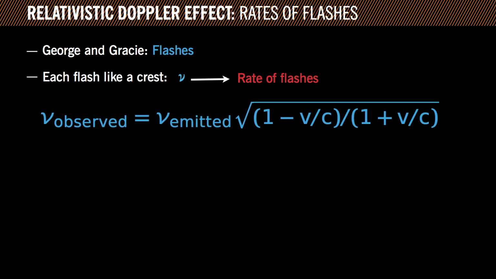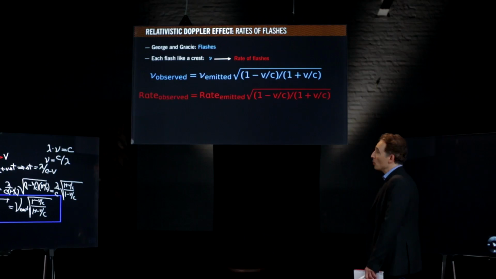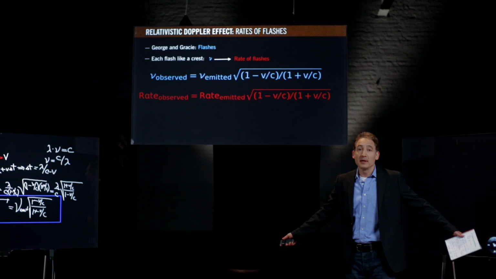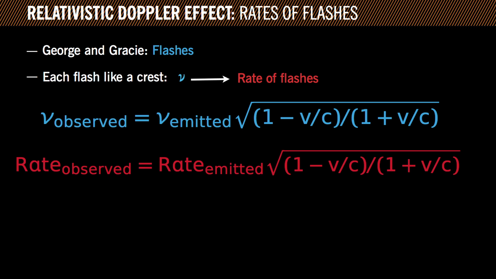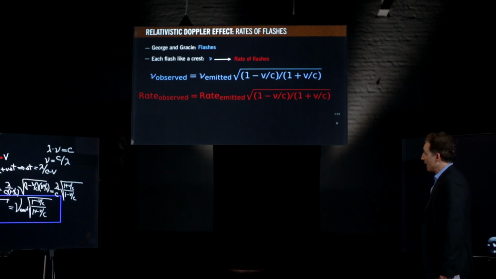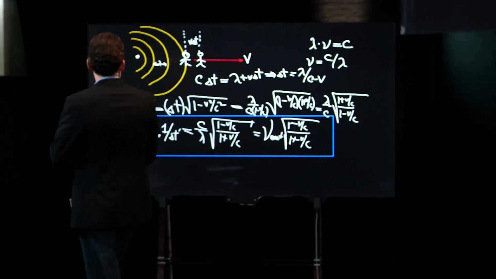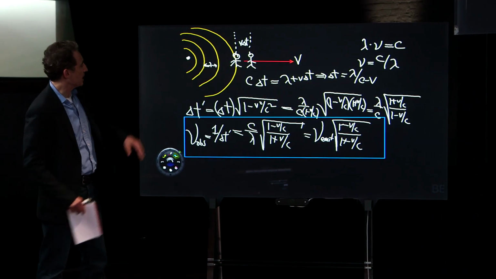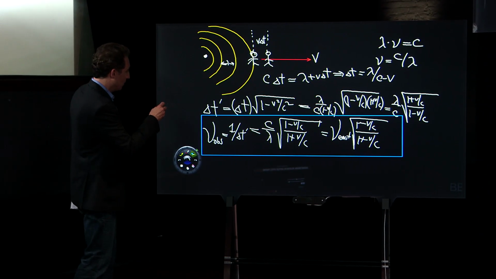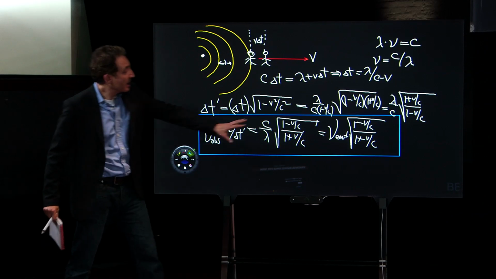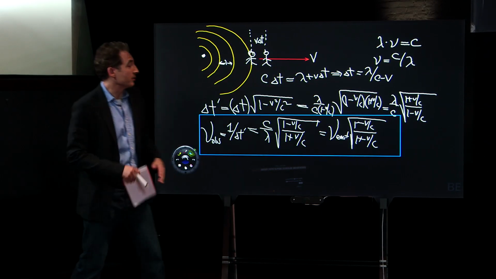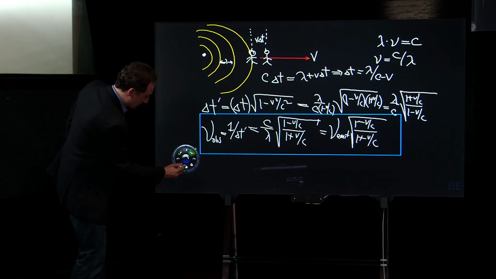So there is the relativistic Doppler shift formula that we have derived for frequency. We now just reinterpret it as giving us the rate at which flashes are observed compared to the rate at which they are emitted. And I can show you a couple of visuals that will make that link between this picture and the flash picture a little bit more direct, or more precisely, between this formula and the formula that we are going to use in the case of flashes.